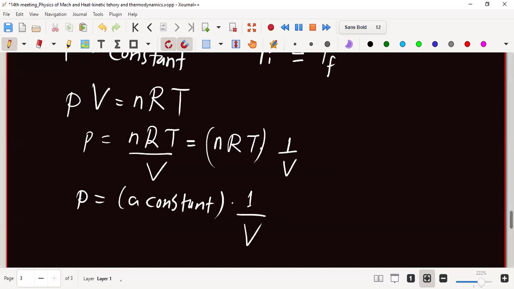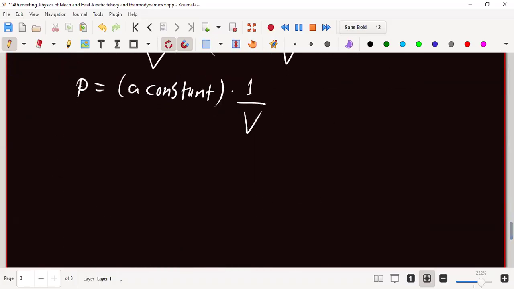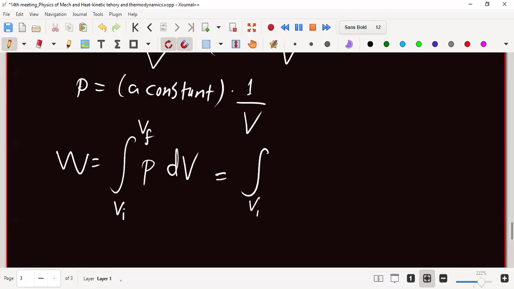And then by using that work is the integral of P dV, W is the integral of P dV. Here we can integrate from initial volume to final volume. Then we can input that pressure is nRT divided by volume, from initial volume to final volume, nRT divided by volume dV.